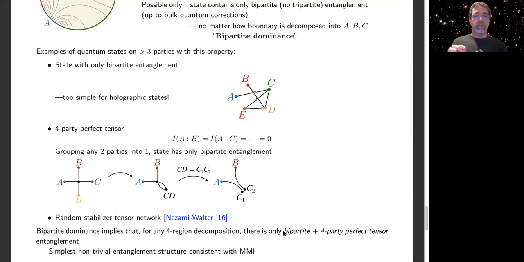Okay, and what's nice about that sort of ansatz for the state is that it explains this MMI inequality. If you evaluate the left and right hand sides of that MMI inequality on any state of this form, it automatically obeys the inequality. So this hypothesis about entanglement, when you group the boundary into 3 regions, if it's true, implies MMI.